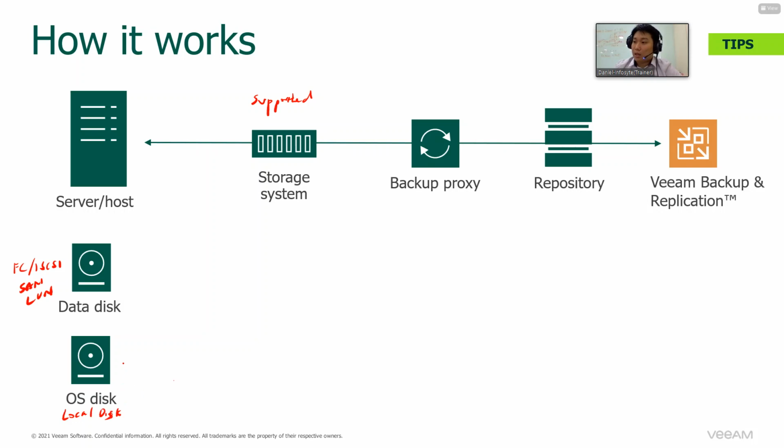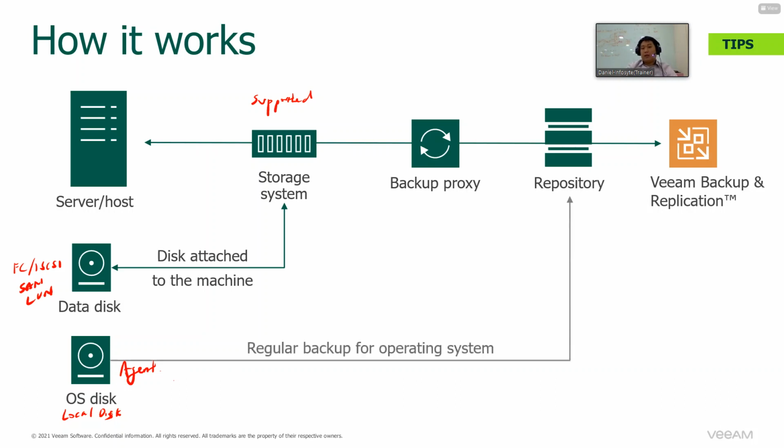I will be using the agent to cover this backup. Then if you add the storage system into the Veeam backup software, I will be utilizing the storage snapshot here.